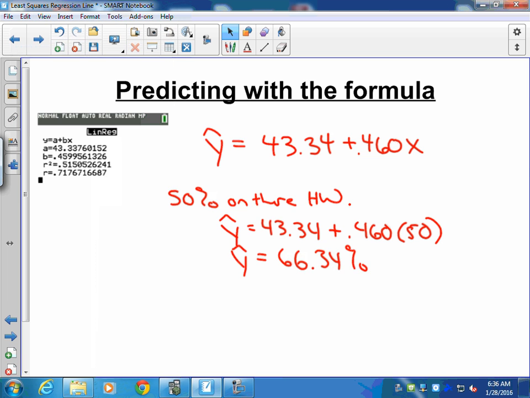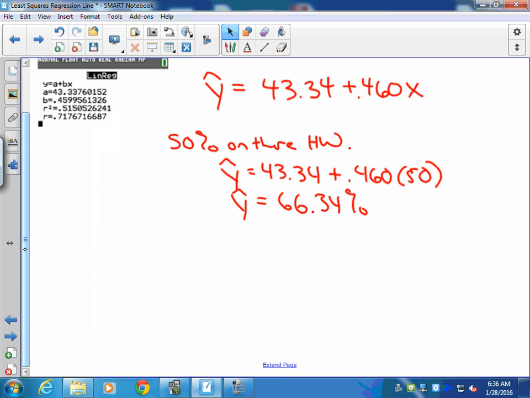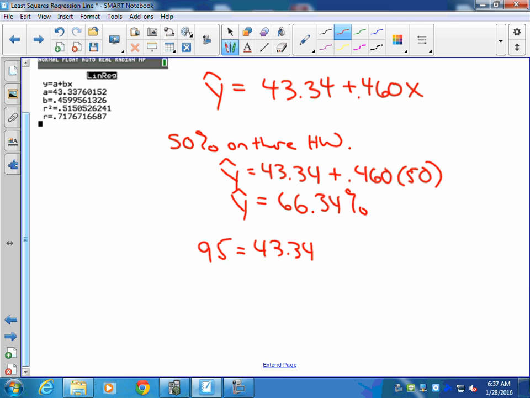Now, another question we can ask: a student needs to get a specific grade on their final. Say a student needs a 95 on the final. Based on this equation, what original homework score would allow them to get that 95?